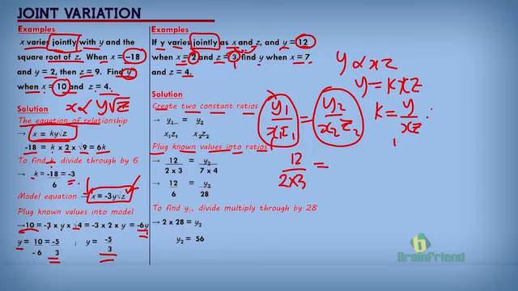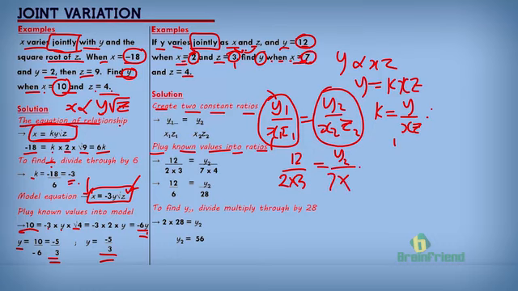Okay, for the second set of ratio, y2 is our unknown. We've been asked to find y when these other values are in place. The second set of our ratios. So our y2 is unknown. We know what x2 is, 7.